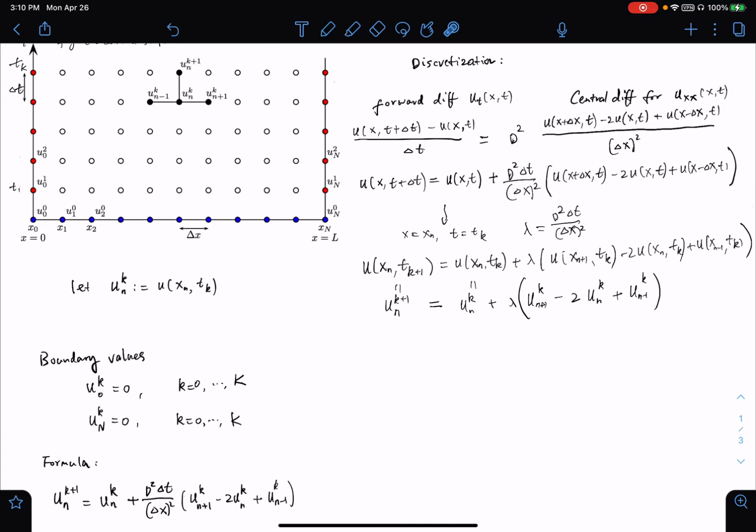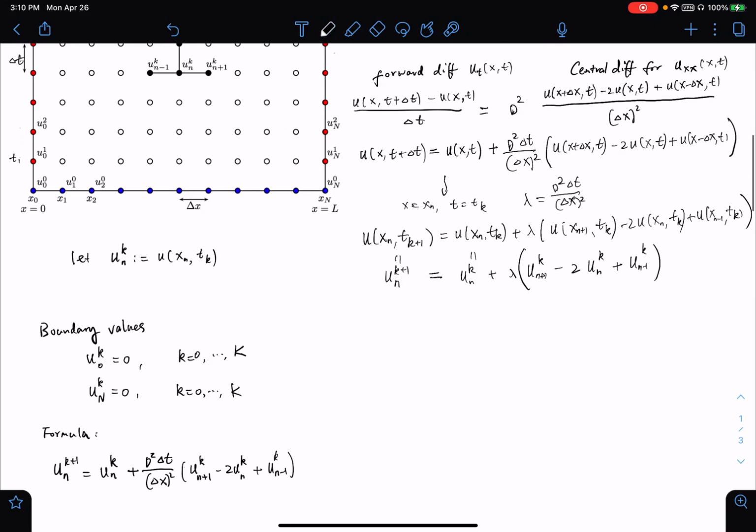So in summary, we have this recursion formula. We also have u for all time steps k at the boundary point, x0 equal to 0 for all k, and u at the right boundary point, where the index is n, the n plus 1 th point, for all k, is also 0.